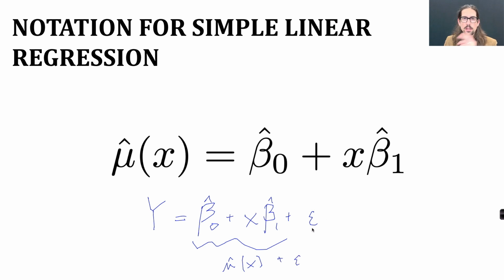This epsilon is a random variable that encodes the noise. So it's saying the way that y is generated is you give me the value of x, and that gives me the mu hat value, and then I add to this some kind of noise, which gives me the distribution of y, whatever that may be.